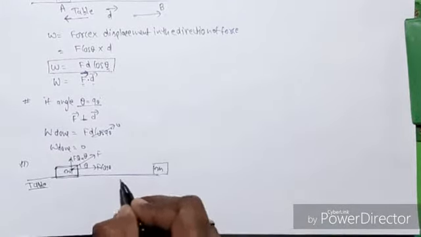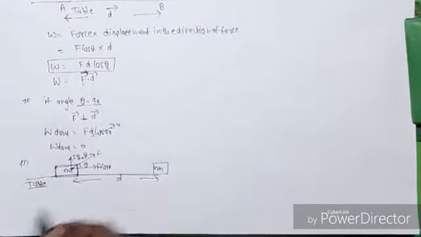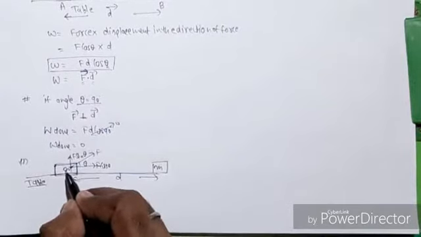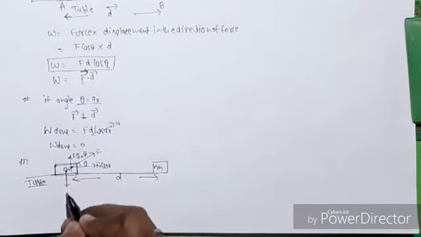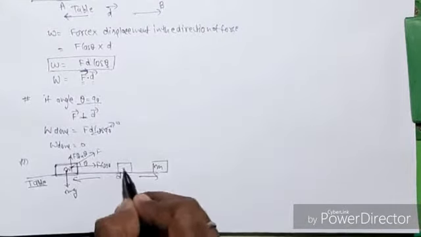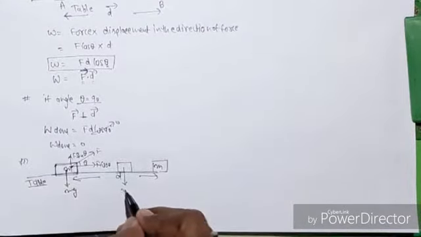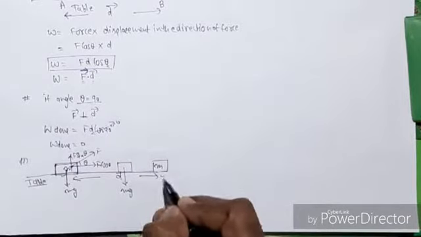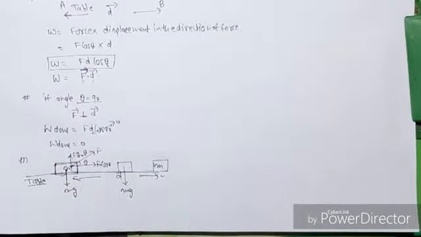Suppose it is displaced by a displacement d, but consider the force mg, which always acts downward when it is moving between the initial and final point. mg is always downward.